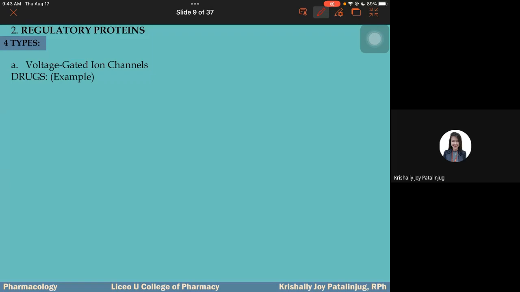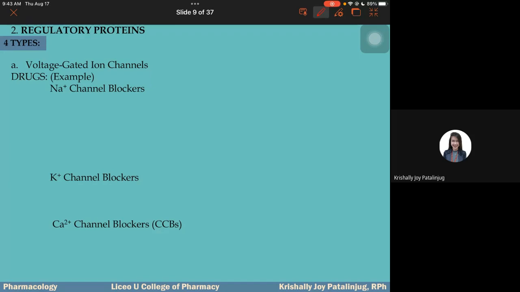Now, aside from the sodium ion channel, we have other ion channels. Those were illustrated earlier, potassium ion channel, calcium ion channel. Okay. Now, there are drugs as well that inhibit those ion channels.